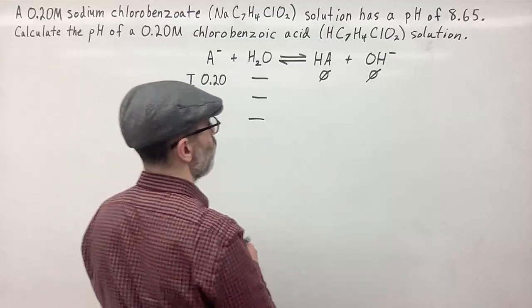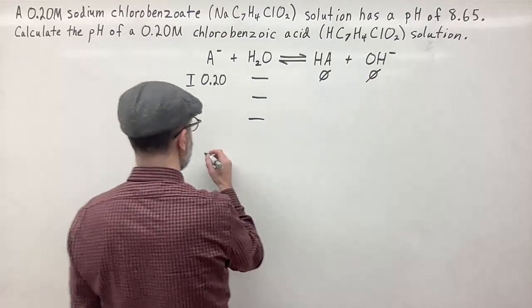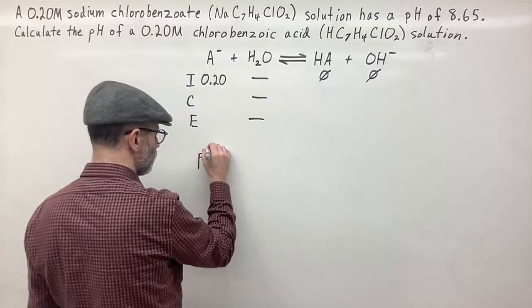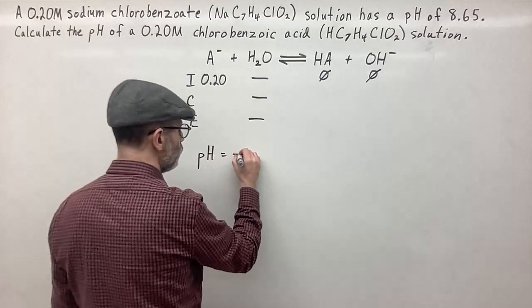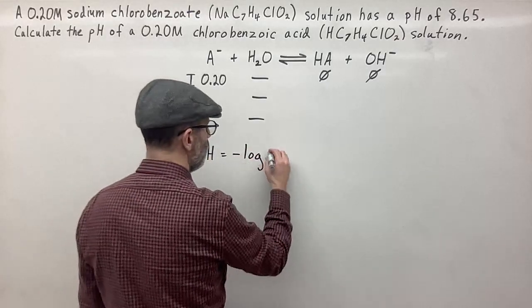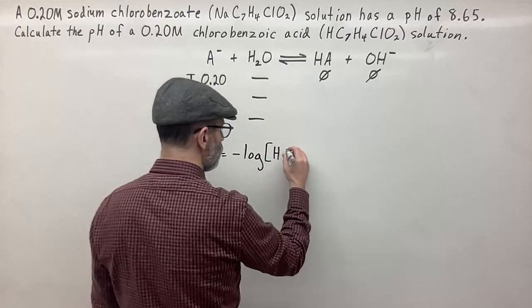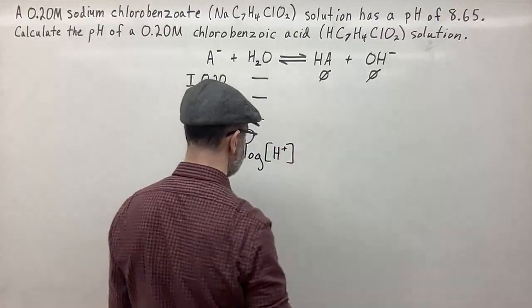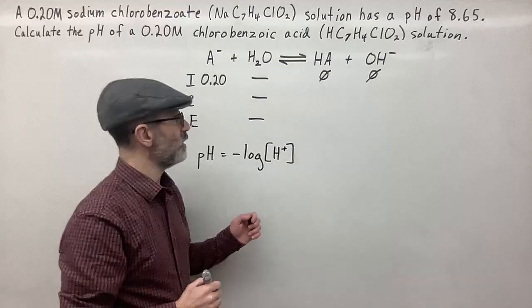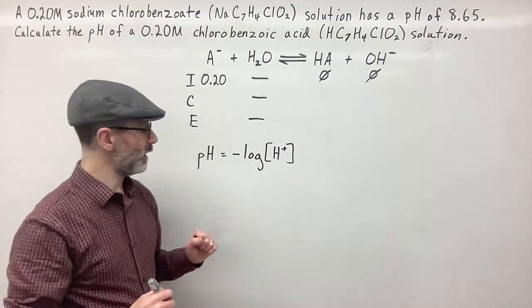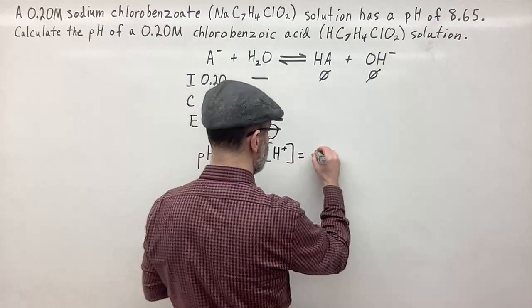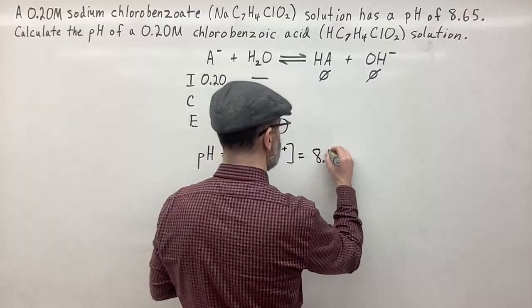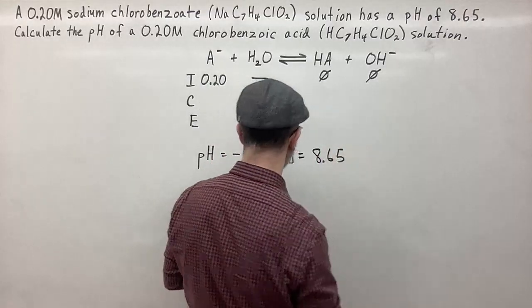So how do we do that? Well, I know that pH is equal to the negative log of H plus concentration. And so I can take that and set it equal to 8.65.